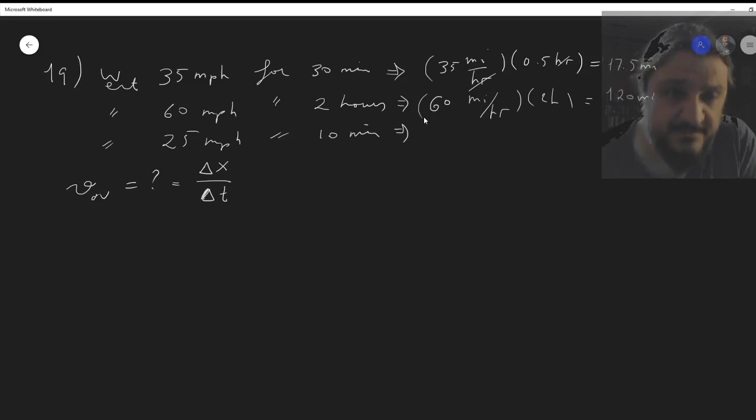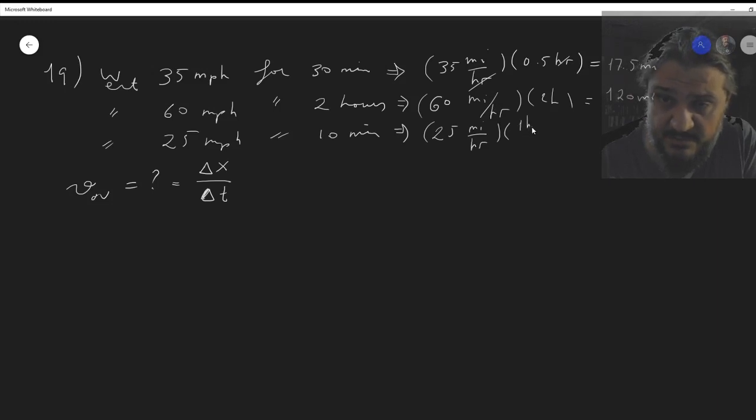And then in the third phase, just 10 minutes. Okay, so 25 miles per hour. Now, how many minutes are there in 1 hour? 60, right? So 1 hour has 60 minutes. And then for how long? 10 minutes.